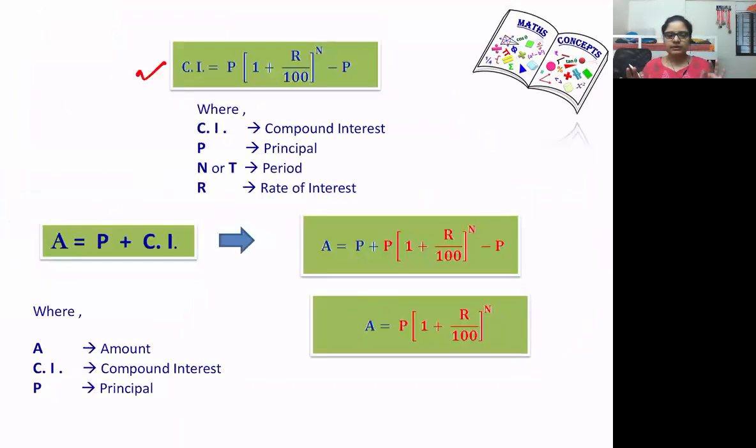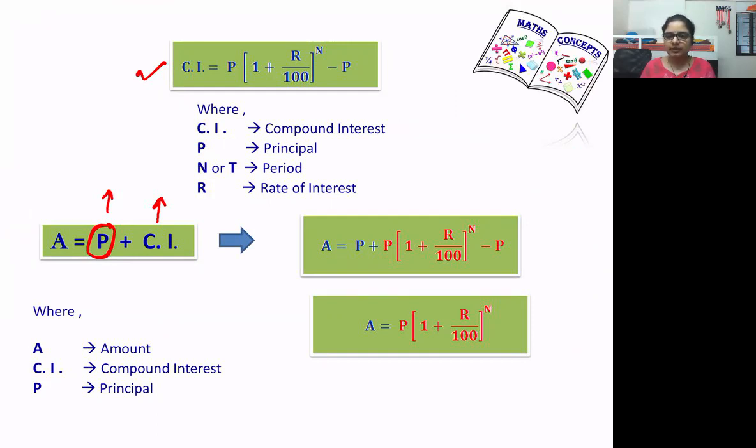And as we know, what is the formula for amount? Amount is the money that the borrower gives back to the lender. What does the borrower give back to the lender? Principal plus whatever interest, either simple interest or compound interest. It depends on what conditions the lender has put.